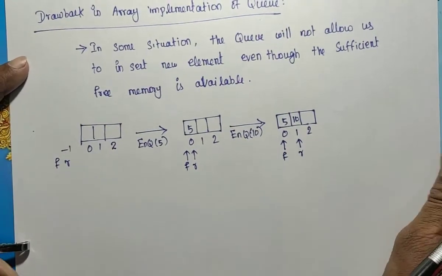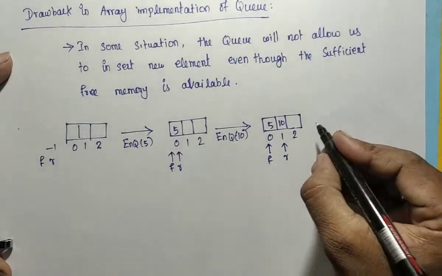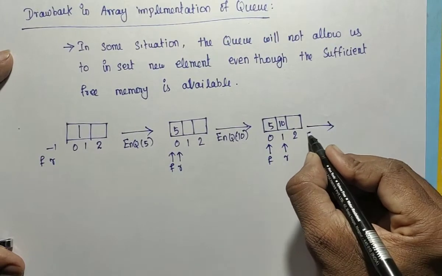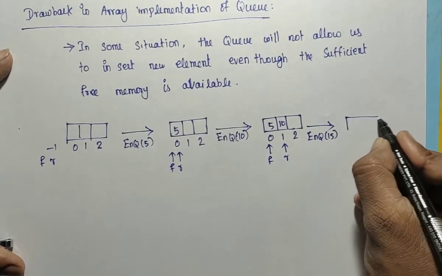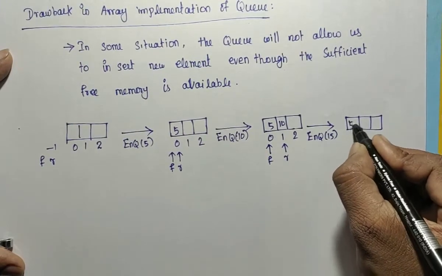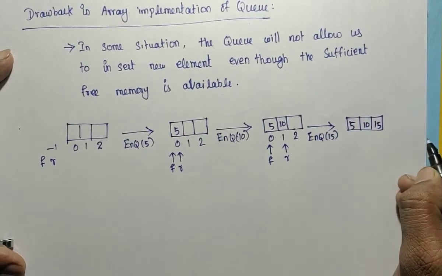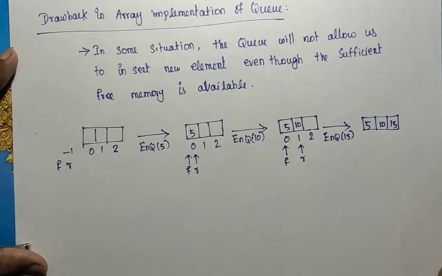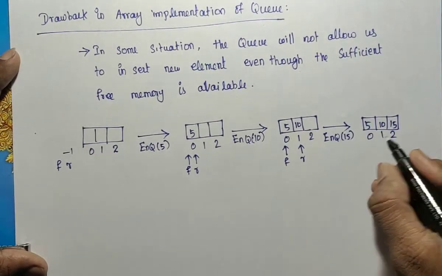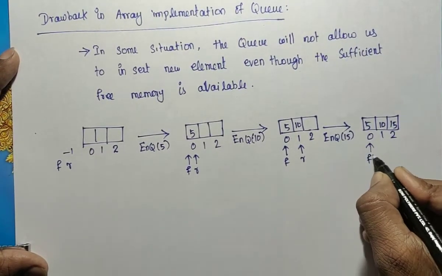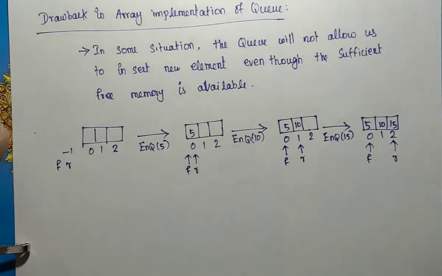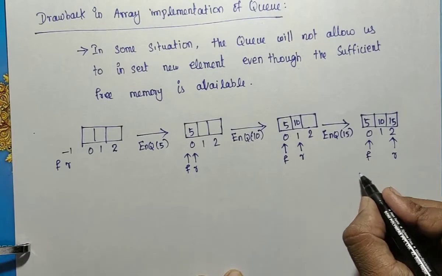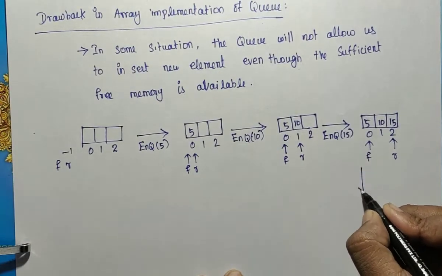Again we insert one more element, enqueue of 15. This time 5, 10 and 15 will be there, and front points to this one, and rear points to this one.